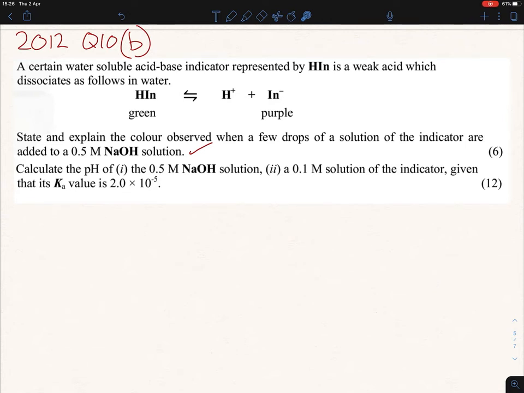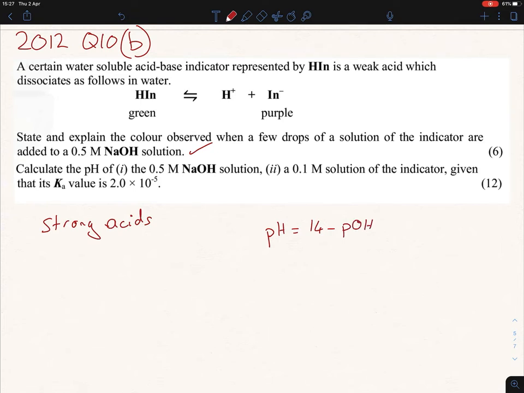So sodium hydroxide is a strong base, and strong bases won't have a dissociation constant. Now write down your overall formula here, which for a base is pH equals 14 minus the pOH.